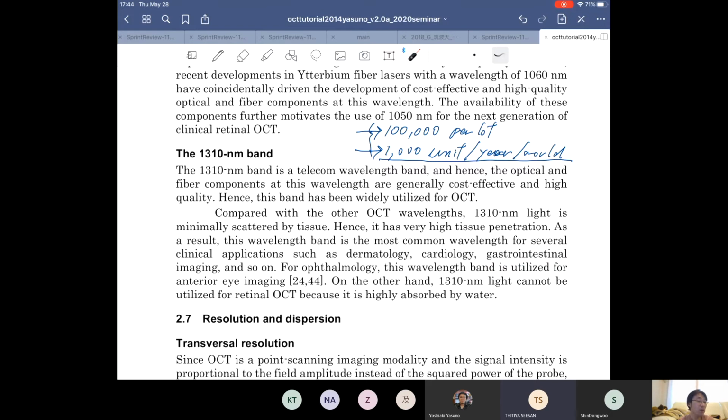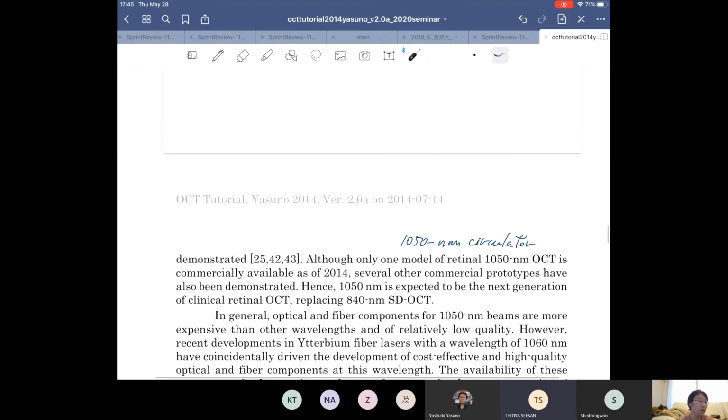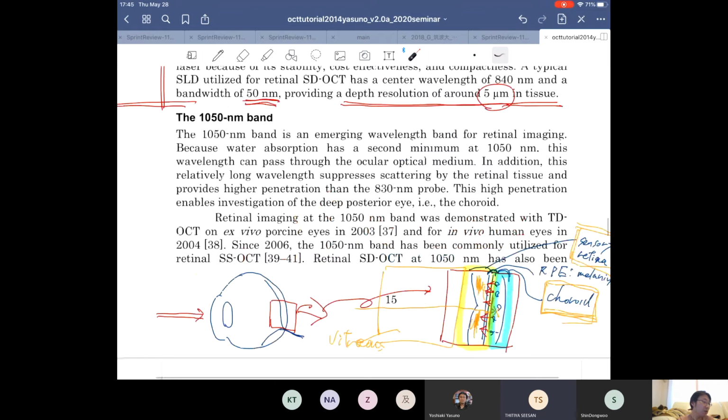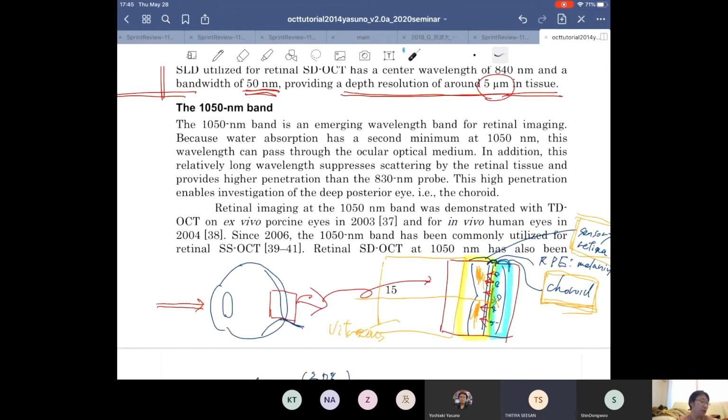This wavelength is also utilized for eye investigation, but not for the retina; rather for the anterior part of the eye, namely the lens and cornea, and also what we call the angle here.